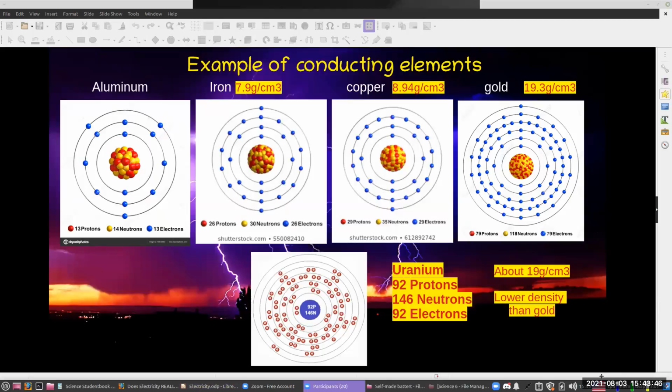I have 19 people online, but everybody is quiet. So I'm going to pick names. Okay, I start with Third today. Third, which element do you know? We know aluminium, we know iron, we know copper, we know gold. Do you know uranium? Anybody know?